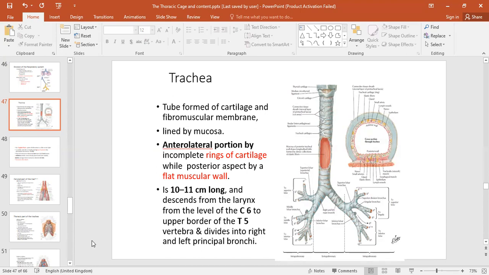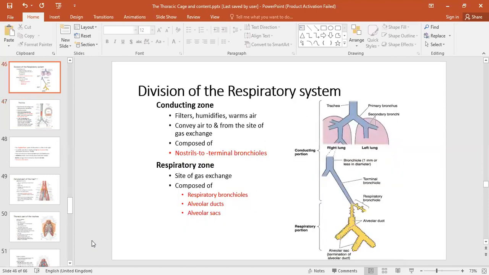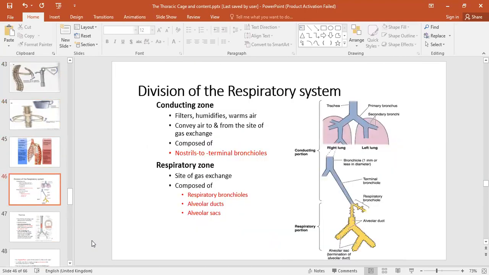Because of that, we are going to have 2 types of bronchioles. The first ones to branch off from the tertiary bronchus are the terminal bronchioles. Terminal bronchioles are part of the conduction portion.